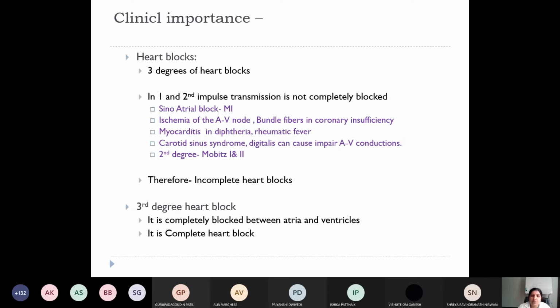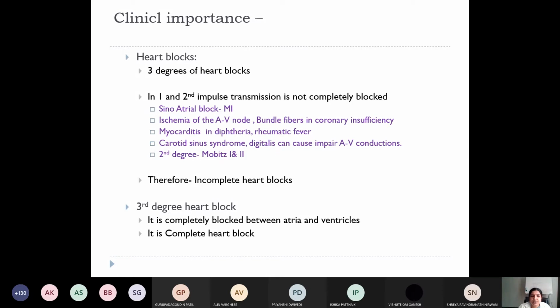Then ischemia of only the AV node, again in MI patients, or ischemia of bundle fibers in coronary insufficiency. Whenever there is angina, partial block of the coronary vessels will also lead to incomplete heart blocks, and any kind of inflammation or infection like myocarditis, which occurs in diphtheria or rheumatic fever.